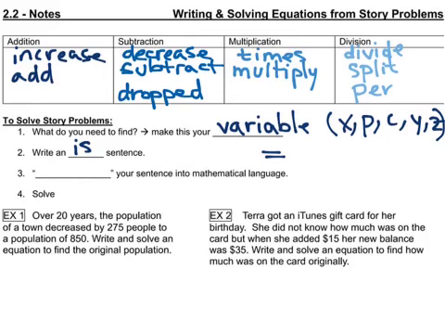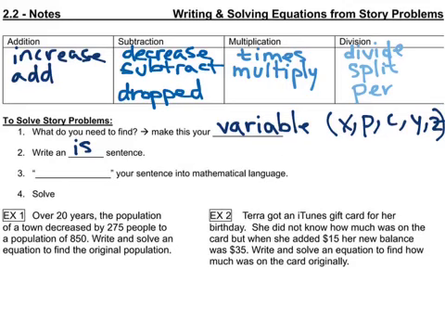So the new population increased by 5, and now it is 25, might be an example of that. So write an is sentence. So far we have a variable and an is, and then we'll see what other words come into play in the equation, in the examples.